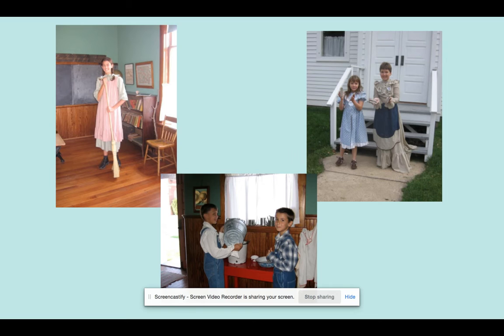Some things I want to point out to you. These students on the bottom, they are gathering water for their classroom and their classmates. How do you get water today? Do you get it from a bucket? Or do you get it from a sink or a drinking fountain?